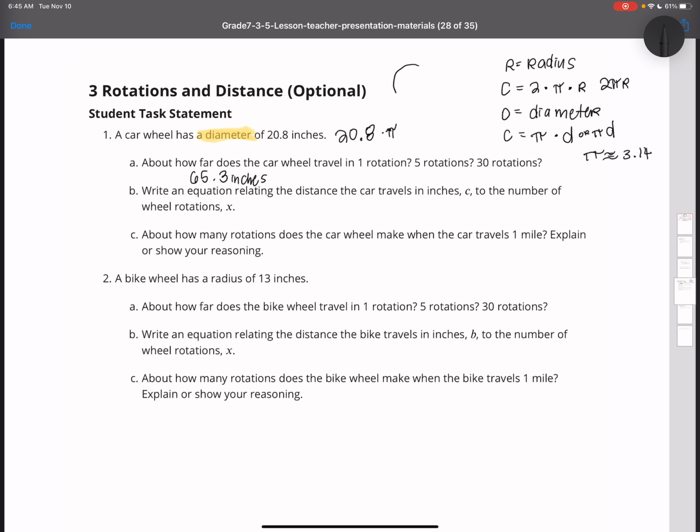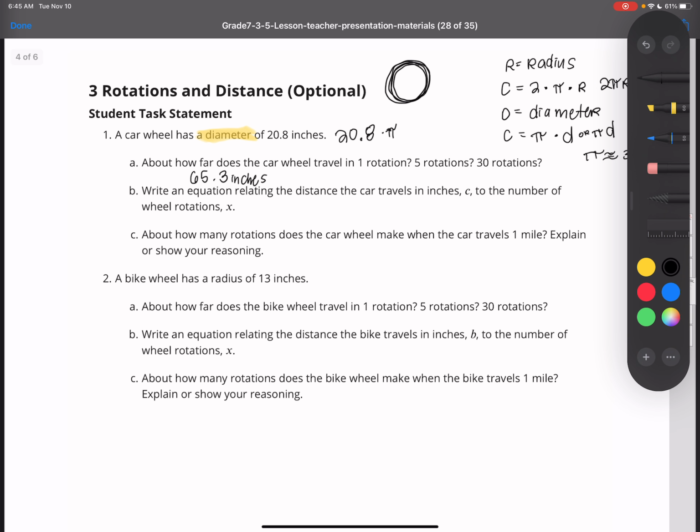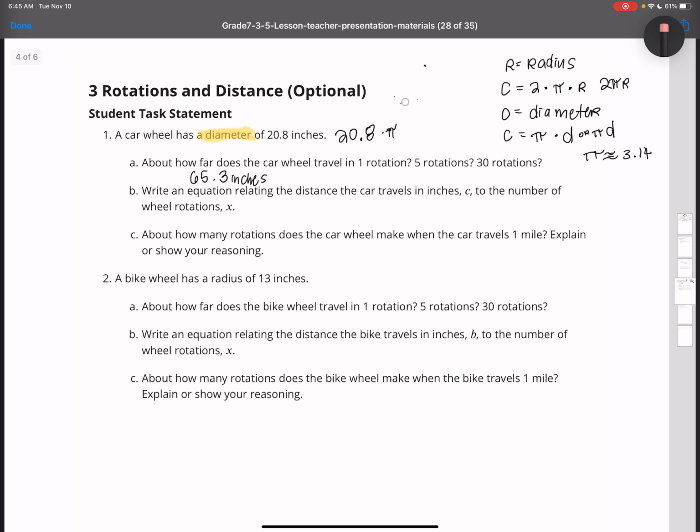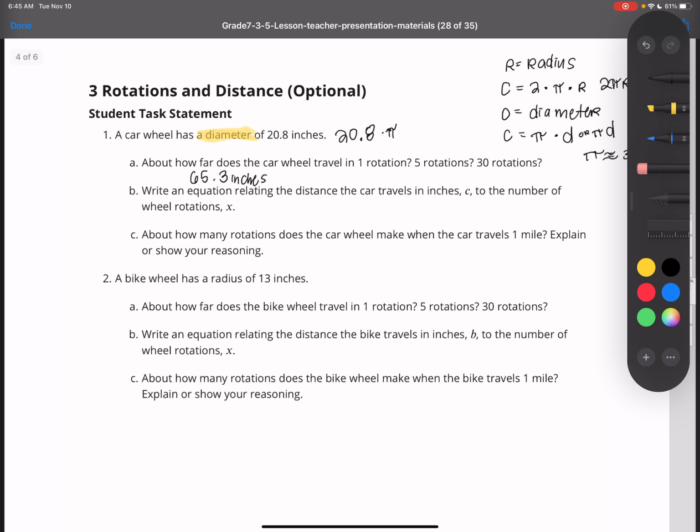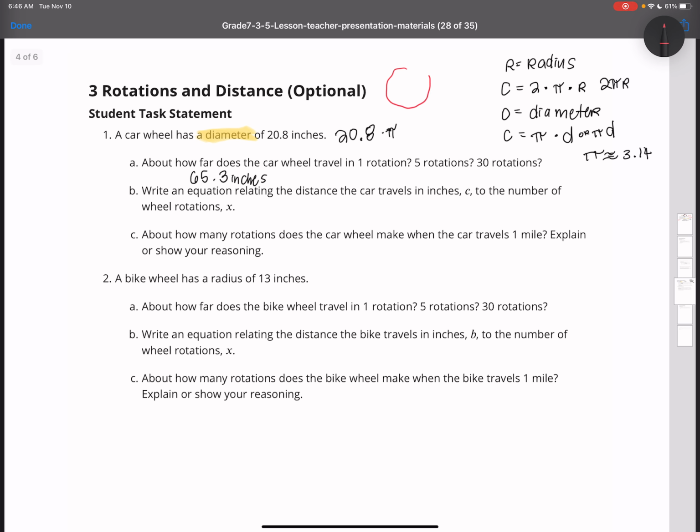Remember, circumference is going around the circle. But let me not draw those squiggly lines that many times, because it's one rotation around the circle. So I'm going to draw a circle. We found the circumference of this car wheel, correct?